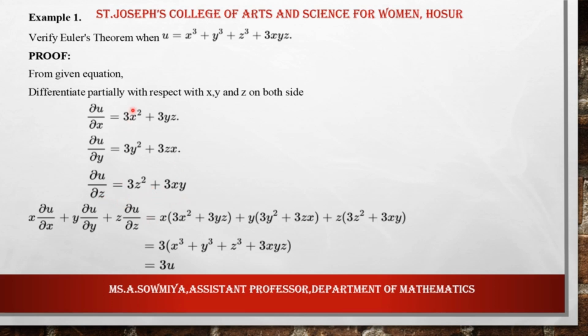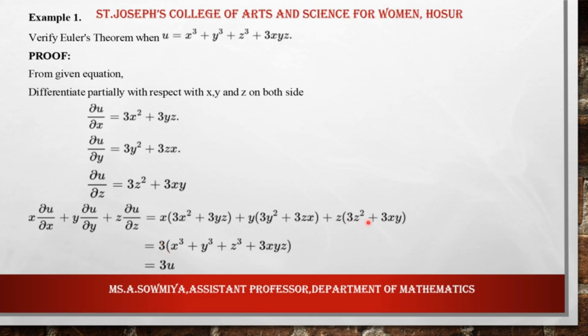So, we combine these three equations. We get x into dou u by dou x plus y into dou u by dou y plus z into dou u by dou z, which we have written in Euler's theorem format. So, it equals x into 3x square plus 3yz plus y into 3y square plus 3zx plus z into 3z square plus 3xy.